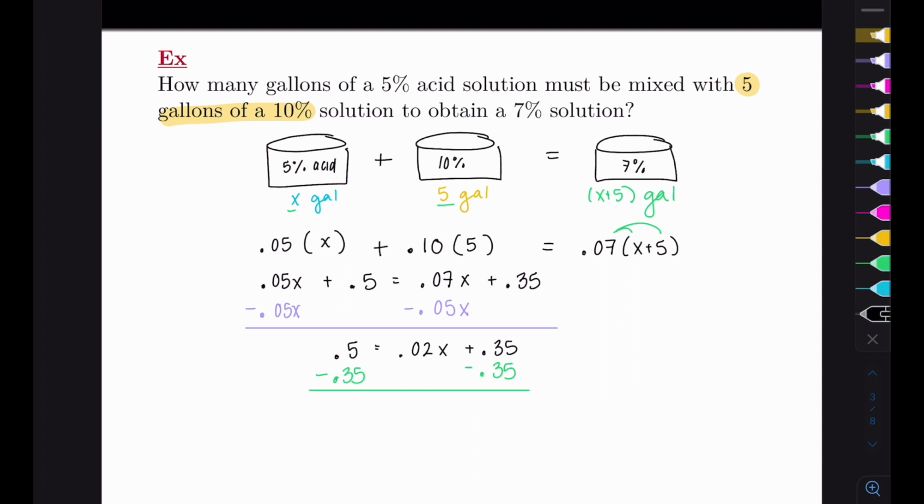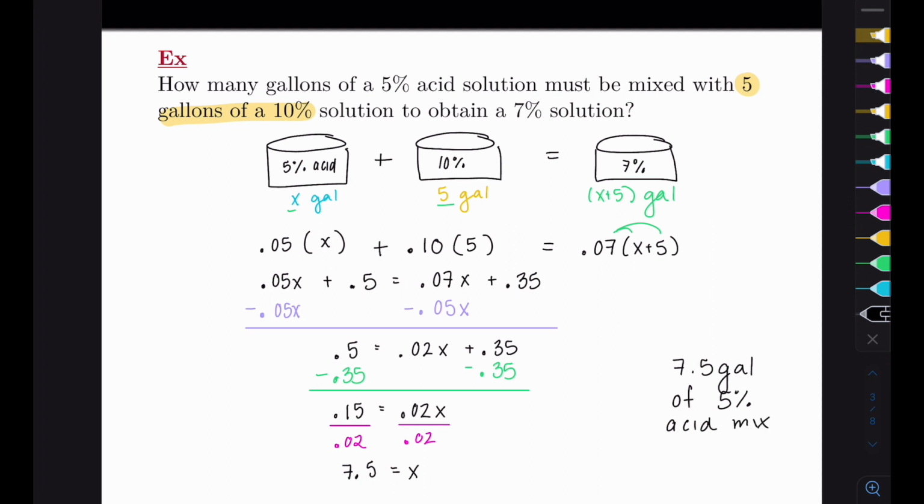So we're left with 0.15 on the left, 0.02x on the right, dividing by 0.02, then gives us our final answer of 7.5 equals x. So we need 7.5 gallons of this 5% acid mixture.